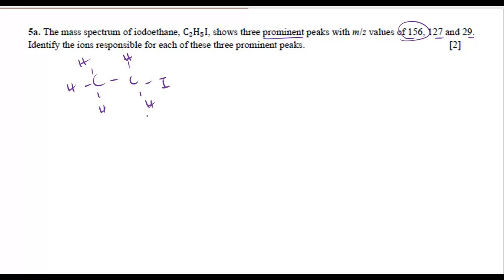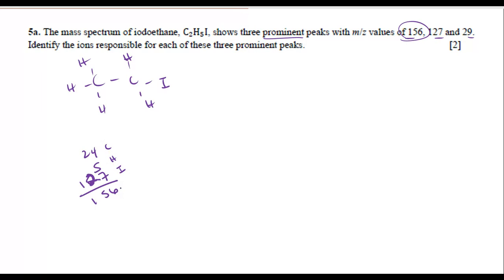So carbon times 2 is 24, hydrogen 1, 2, 3, 4, 5, and iodine is 127. Sorry, 127. And when I add these all up, we do end up with 156. So that's my carbons, my hydrogens, my iodine.